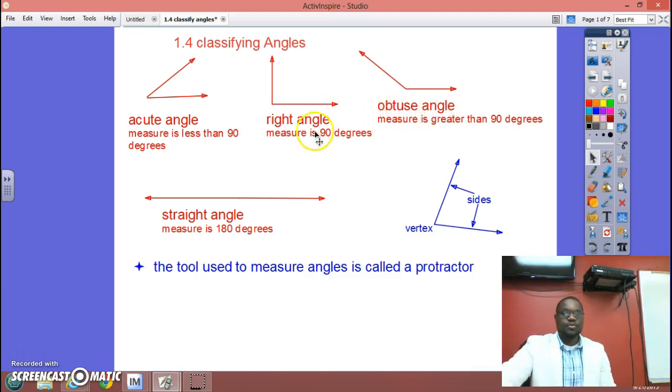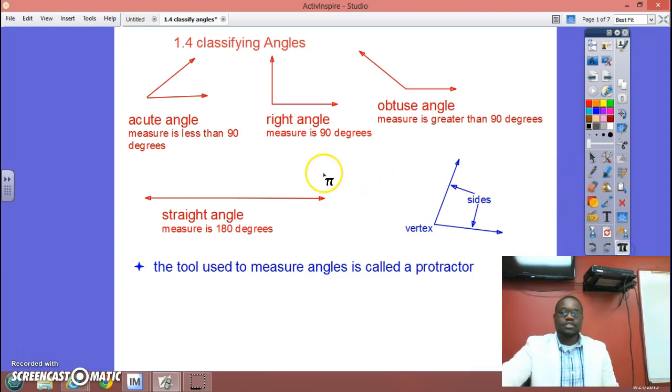Notice that each one of those is orientated around 90. You never want to take a picture and assume that it's 90 degrees. You have to be told that it's 90 degrees. Most of the time you'll see a little box in the corner, or your instructions or directions will let you know it's 90 degrees. Otherwise, you can't just assume it's 90 degrees.